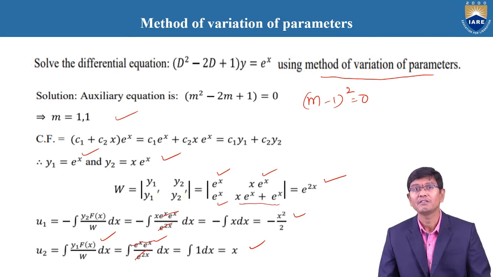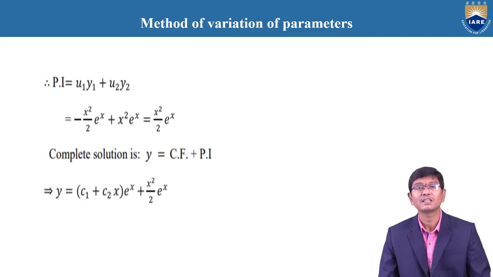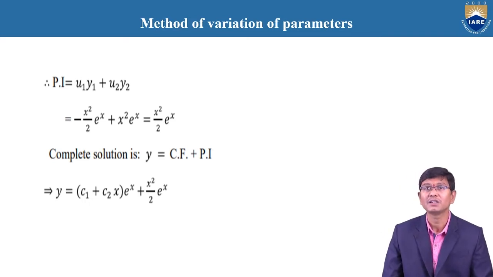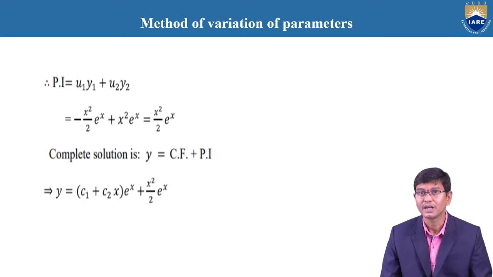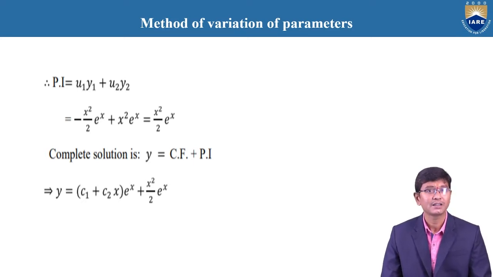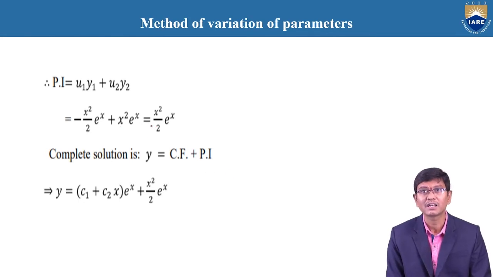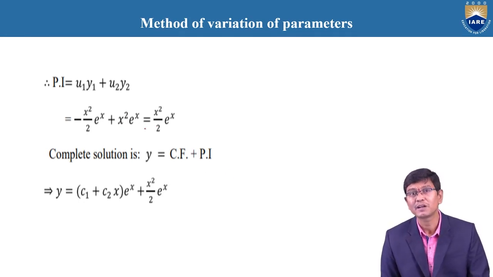With the help of u1 and u2, we consider the particular integral u1 into y1 plus u2 into y2. Here that is minus x square by 2 into e power x plus x square into e power x. Taking out e power x common, the remaining part is x square minus x square by 2, which is x square by 2.